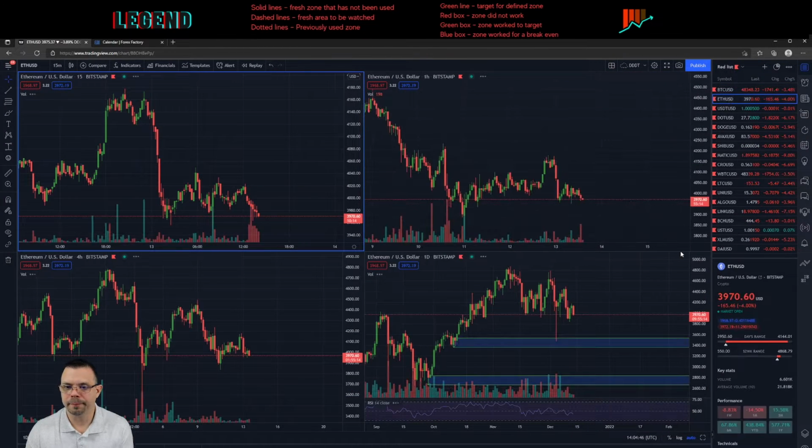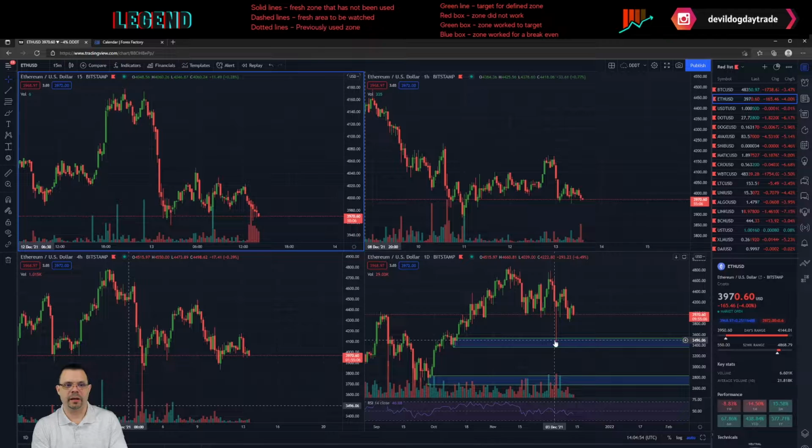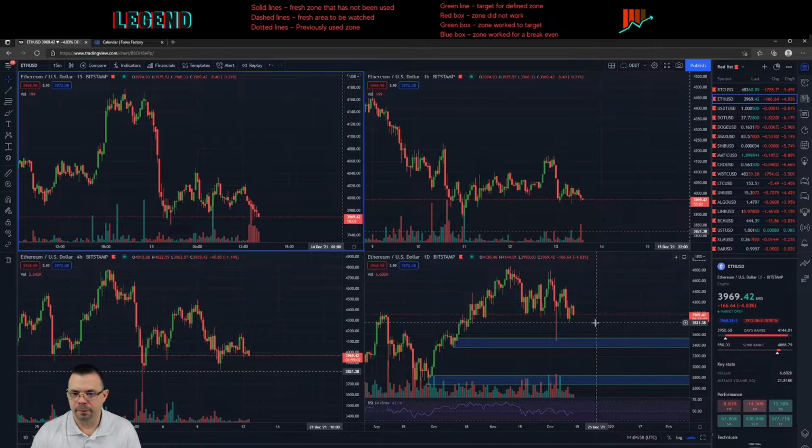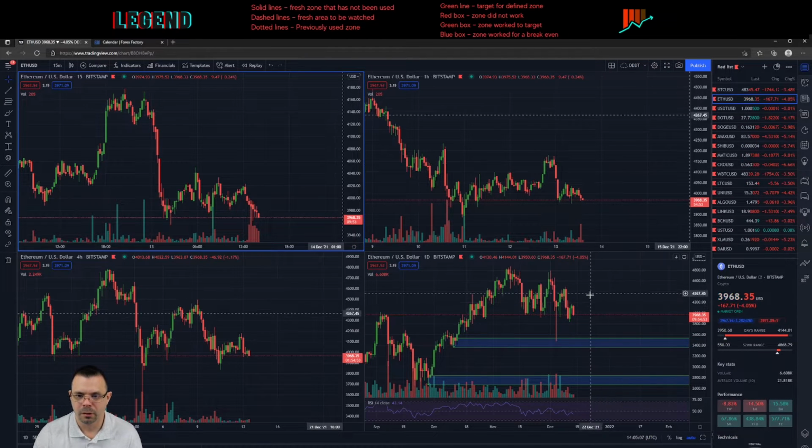So Ethereum, same area here on the daily chart. I'm just going to try and go through these as quickly as I can, just identifying the zones that I've already drawn up, so you can get a really good context for what the overall cryptocurrency market is doing so far.